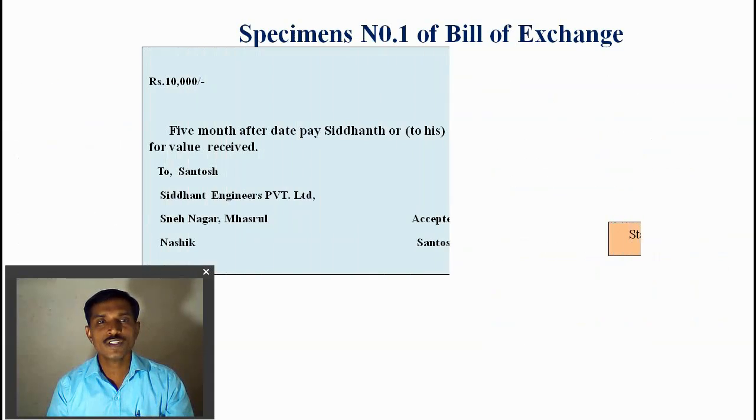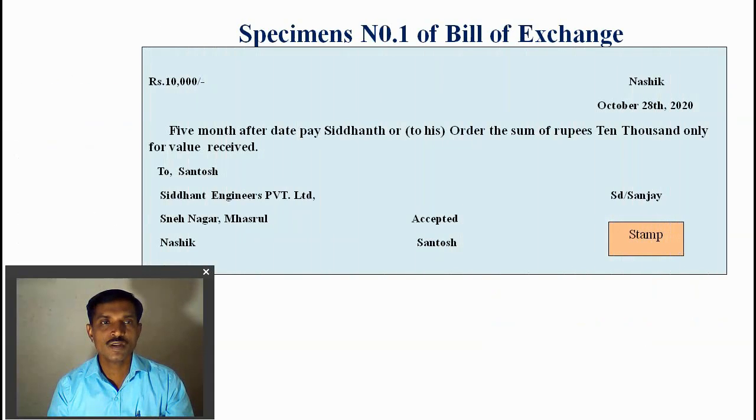Specimen of the bill of exchange: we are looking here at one specimen, 10,000 rupees, and we also see the place, here Nasik, the date October 28, 2020, 5 months after date pay Siddhant or to his order the sum of rupees 10,000 only for value received.